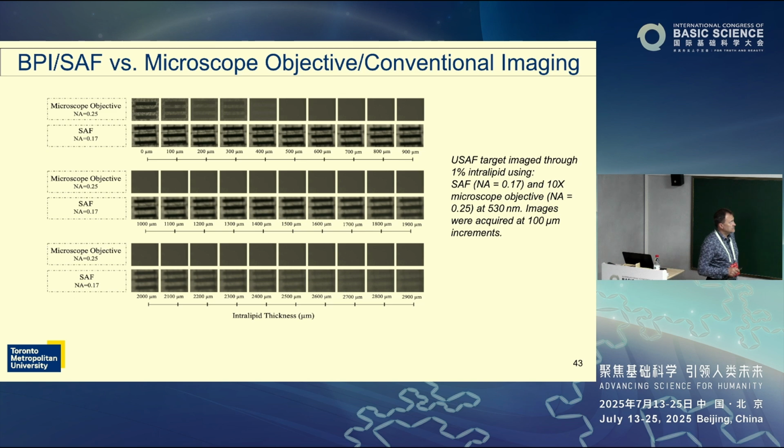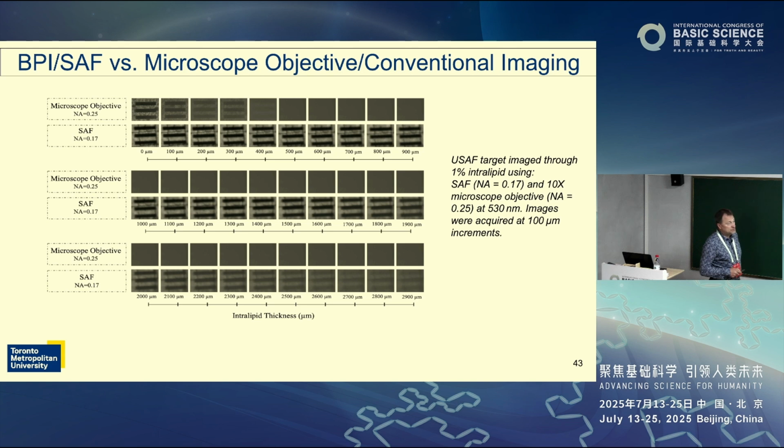And that's a result. So we were trying to compare, let's say, without numerical aperture restriction, and with, and comparing the contrast. With a microscope objective, there is no numerical aperture restriction.